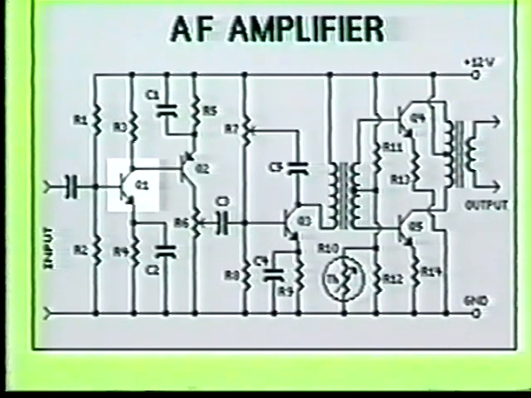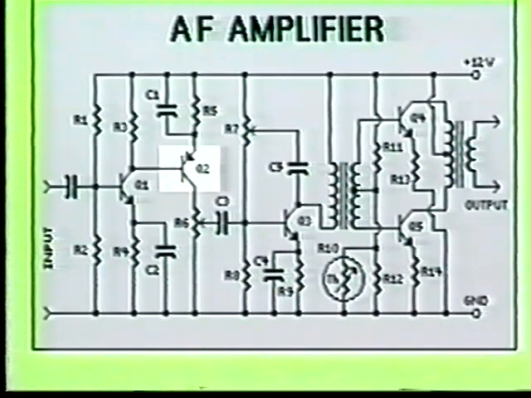The output of transistor Q1 will be 180 degrees out of phase with the input signal. The 180-degree phase shifted signal is then fed into the base of transistor Q2. Since the base of Q2 is directly coupled to the collector of Q1, the negative going signal from Q1 will forward bias transistor Q2.